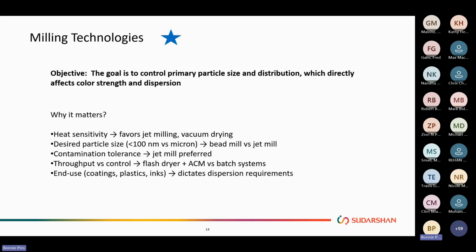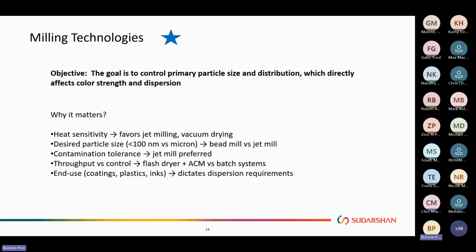The objective is really to control the particle size and the distribution ultimately, because as a pigment manufacturer we want to make sure that the end user, you as a formulator, can achieve the absolute best strength and the absolute best dispersion that you can. So the milling choice does directly impact that.